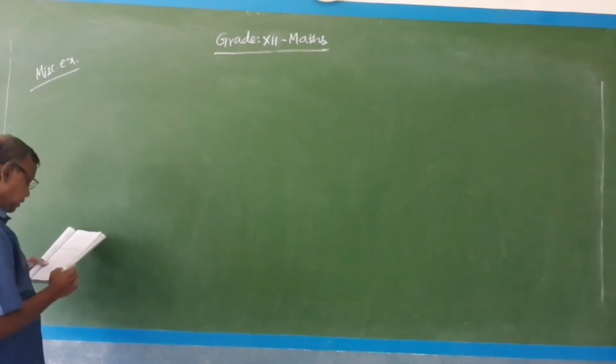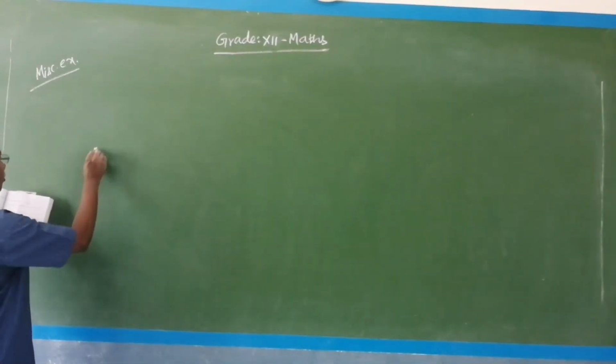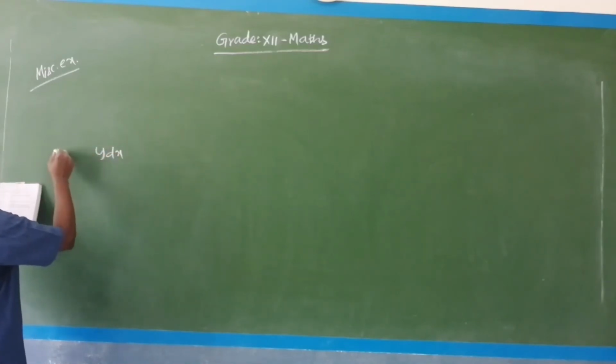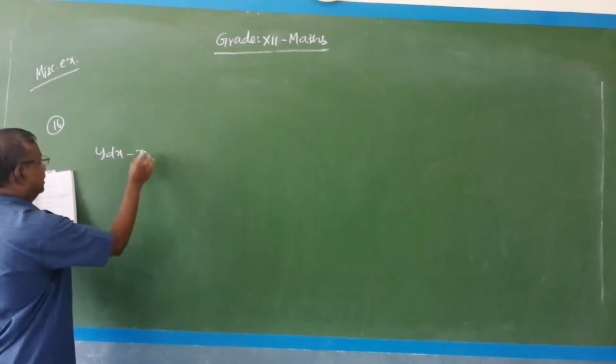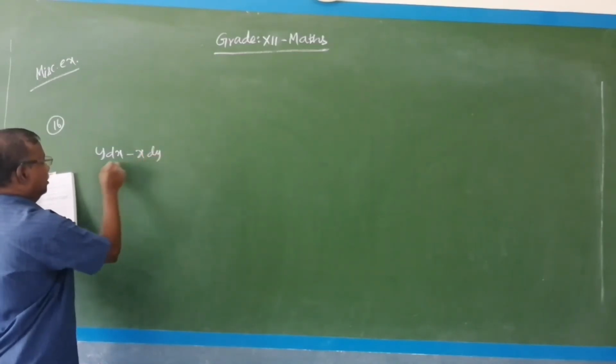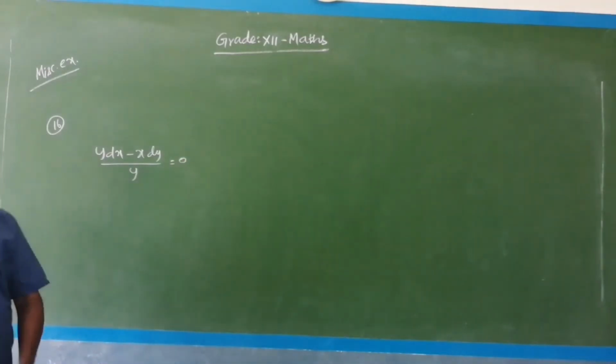Question number 16. The general solution of the differential equation y dx minus x dy divided by y equal to 0 is.